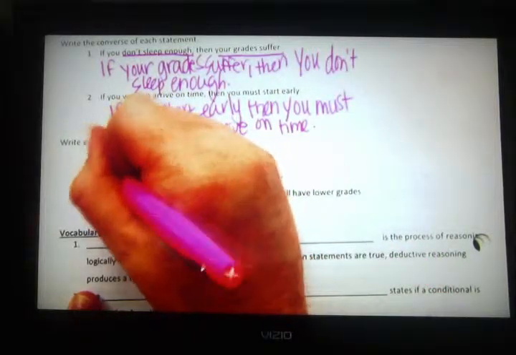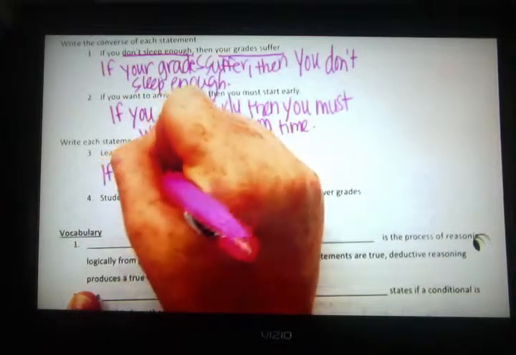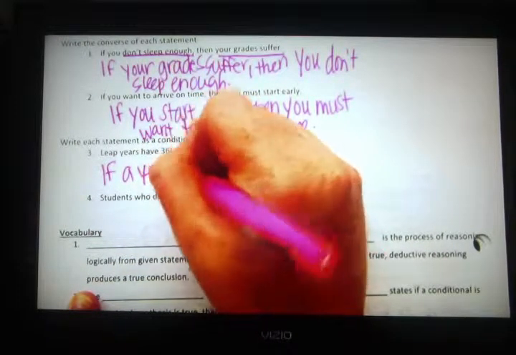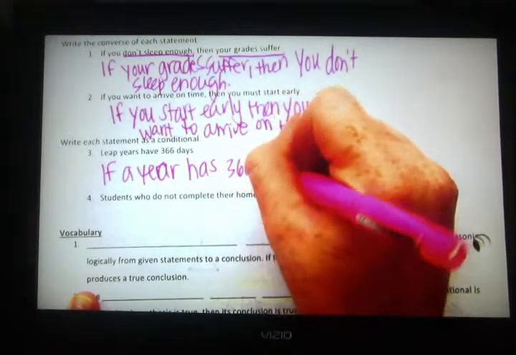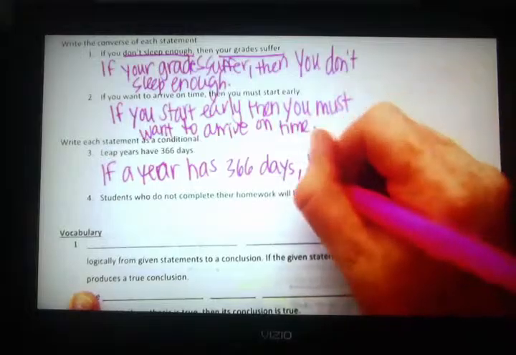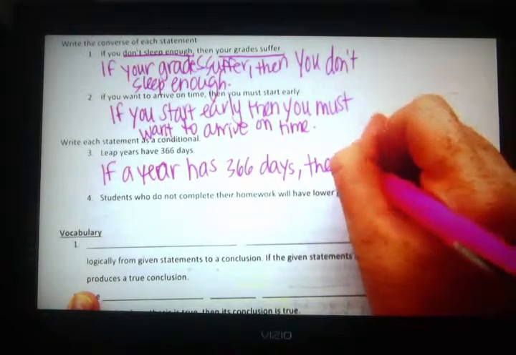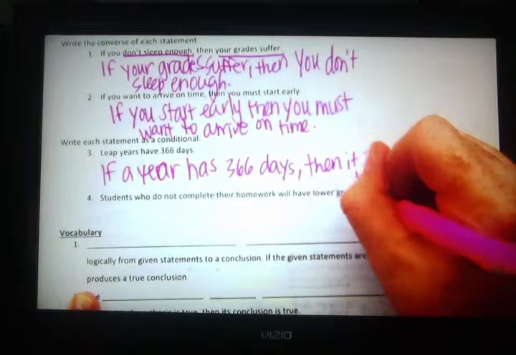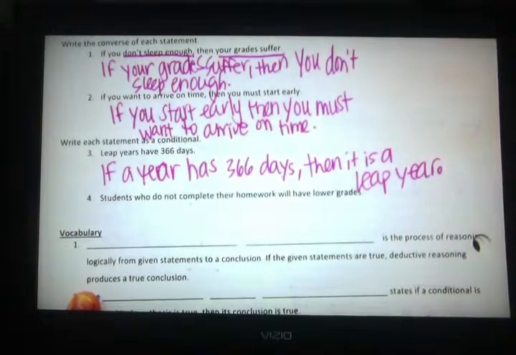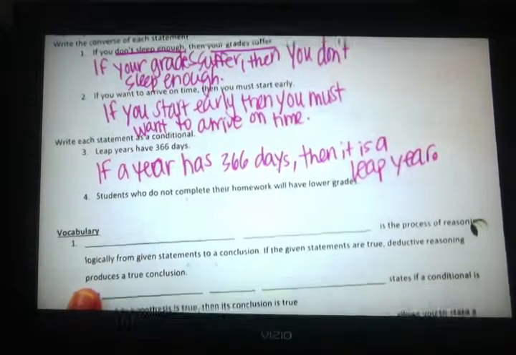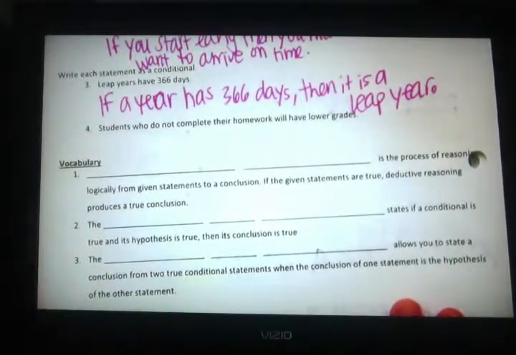Okay, so if a year has 366 days, then it is a leap year. Okay. And then number 4, let me move that up.